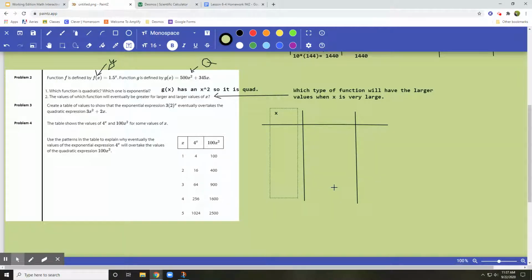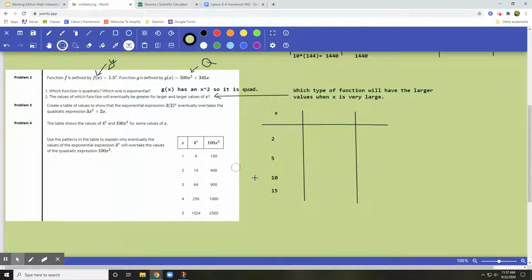So if we start with x, let's say if we start with 2, and then maybe we jump up to 5, and then maybe we jump up to 10, and then maybe we jump up to 15. It doesn't fit in there. I'm sorry. It bothers me too. If we jump up to that sort of set, we'll be able to show that maybe it won't overtake it at the start, but it'll overtake it eventually.